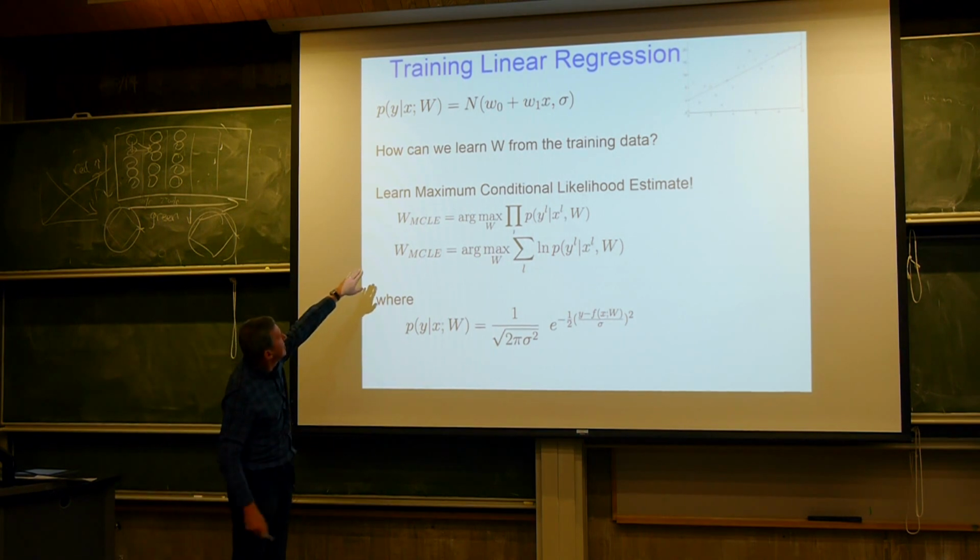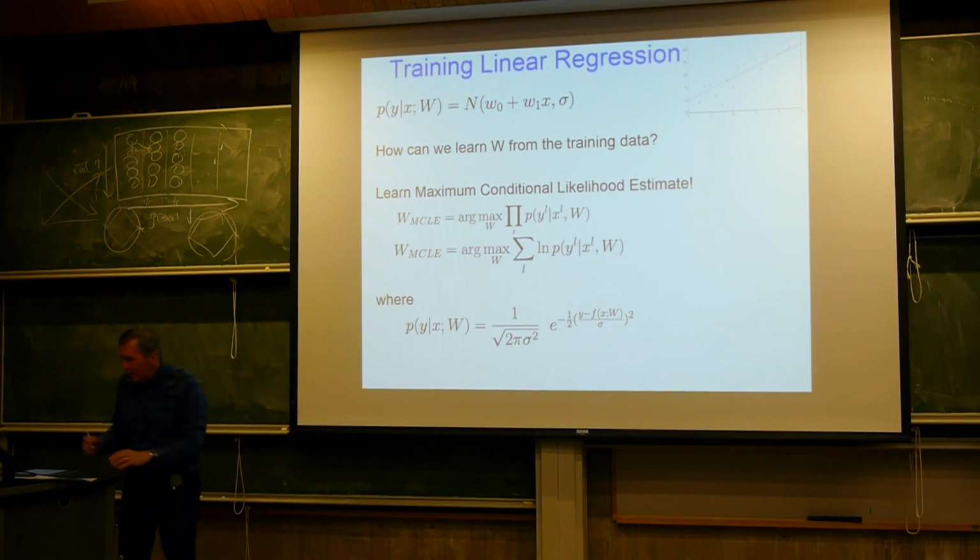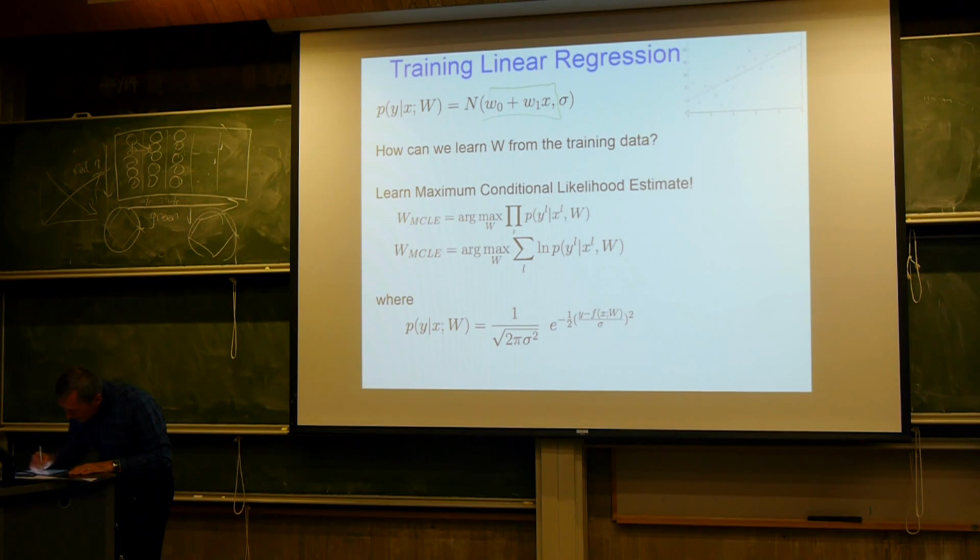In our case, just like before, one new assumption here. When I say linear regression, what I mean is that we're going to estimate our function by saying y equals some w0 plus w1 times x.